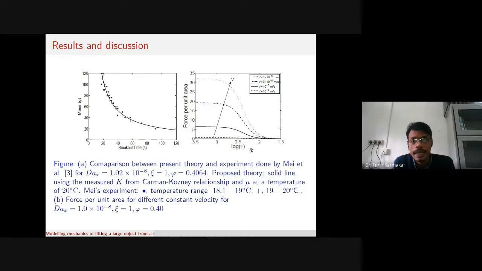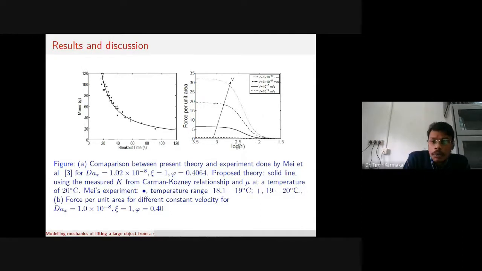We can plot this as a function of gap width. As we can see, if we want to lift the object up with a higher vertical velocity, then of course we have to give a larger amount of force. That's why the increasing velocity results in a higher amount of lifting force.